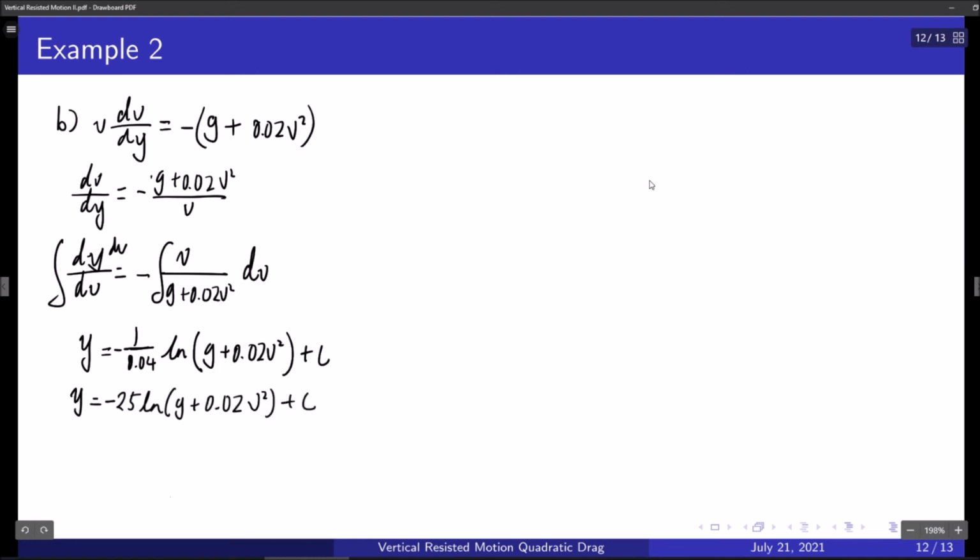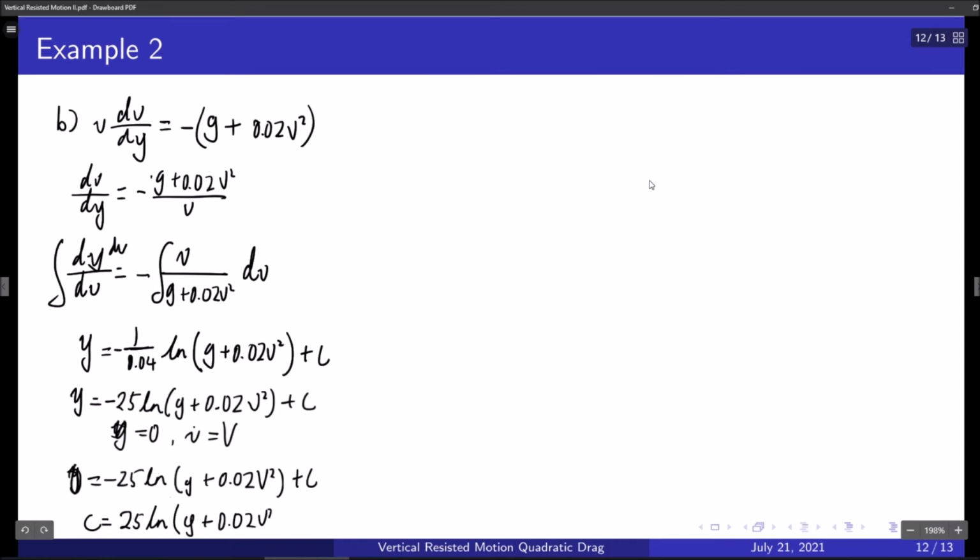Of course, what we have is when y equals 0, v equals the initial velocity. So 0 equals negative 25 log g plus 0.02 v squared plus c. So of course, c equals 25 log g plus 0.02 v squared.